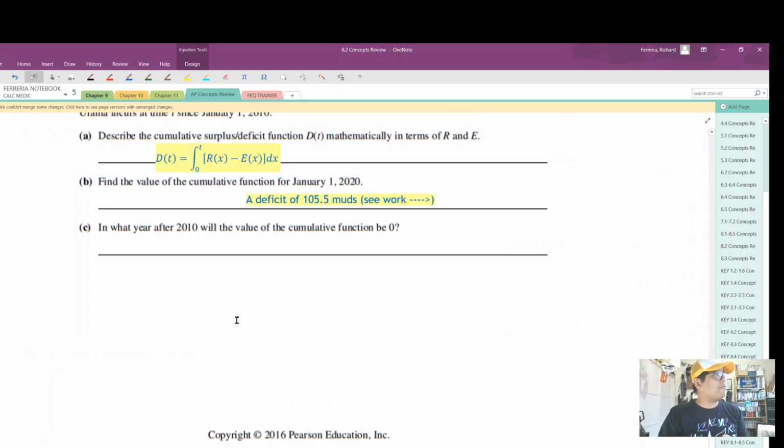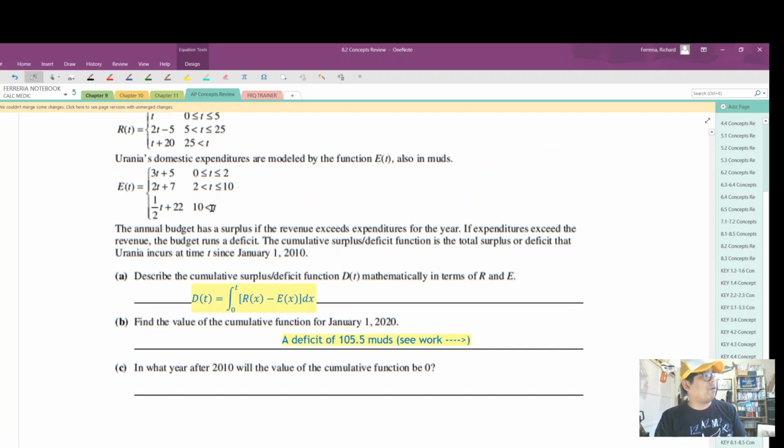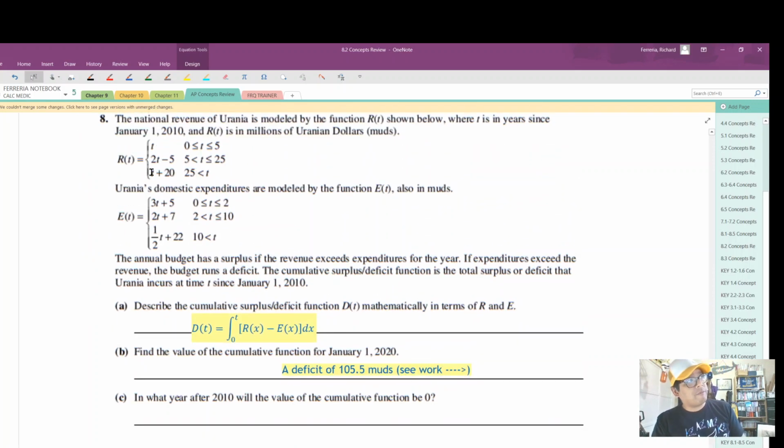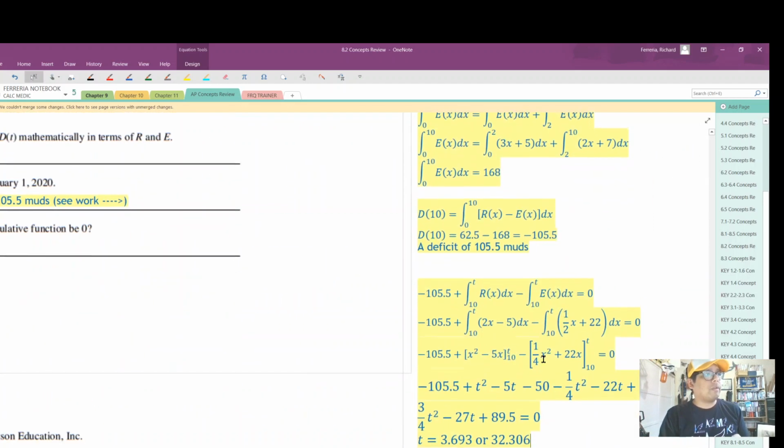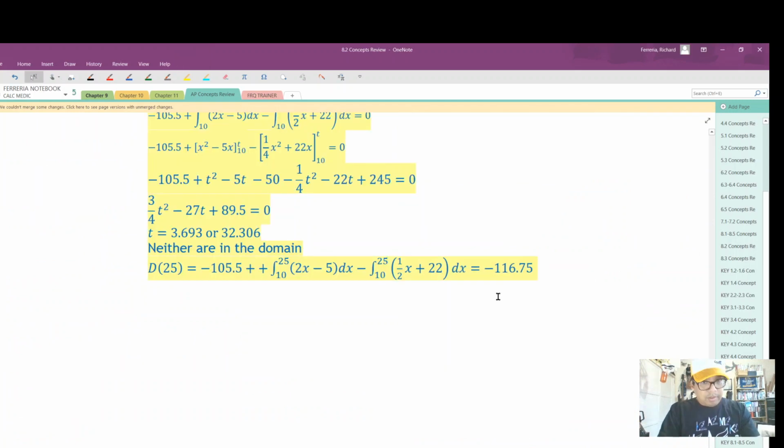I'm picking on 25 because you'll notice here at t equals 25, our r function changes. So our next step is to figure out what the deficit is at t equals 25. Okay, so the deficit at t equals 25 is that initial deficit of negative 105.5 plus our deficits from 10 to 25, which is the integral of r minus the integral of e.